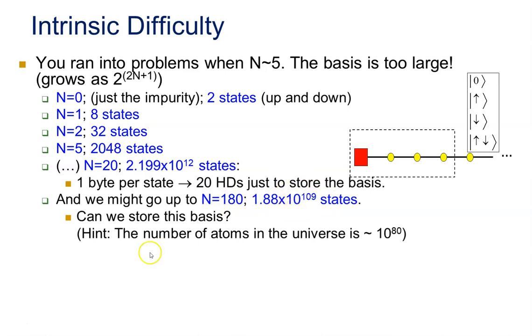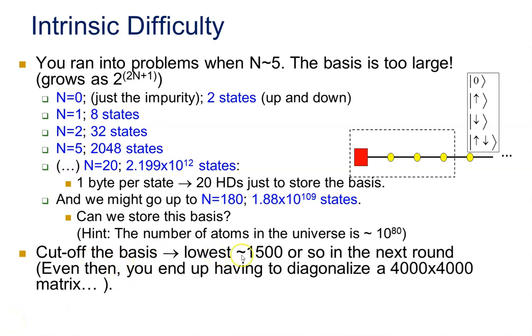So it's out of bounds, essentially. So you do have to cut the basis and keep it at an acceptable number, say 2000, 1500 or so. And that means that you would have to diagonalize a 4000 by 4000 matrix, which is still doable, but you have to do it many times.